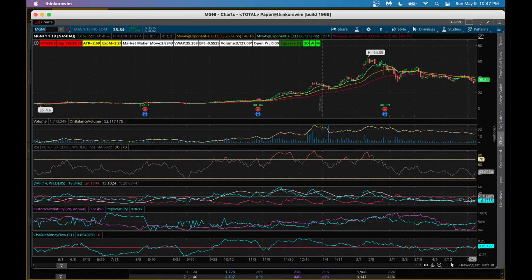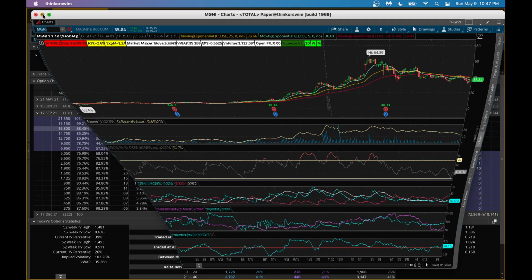Right now it's bearish, as you can see here. Red line is above blue line, but blue line is trying to tick up, and red line is trying to come down a little bit. Implied volatility is right now around 50, but IV percentile is low, as you can see here, 39.2, and money is flowing into the stock. As you can see here, Chaikin money flow is indicating smart money is flowing into the stock.